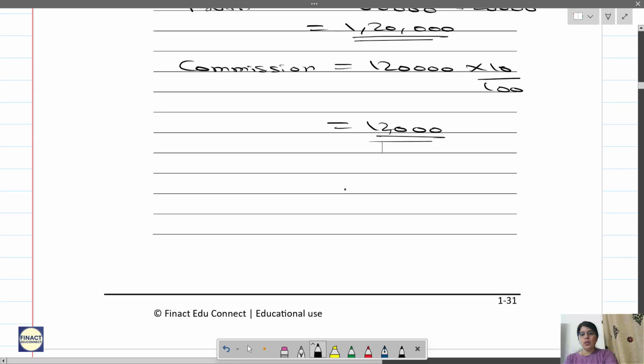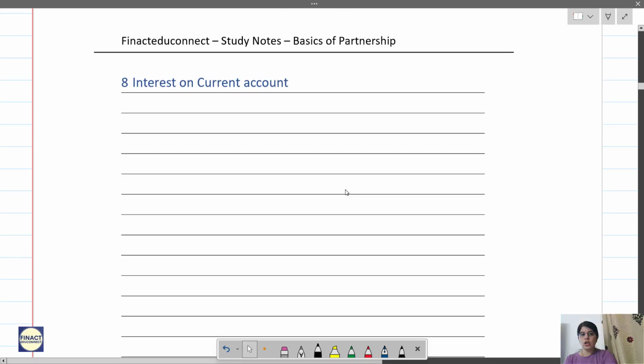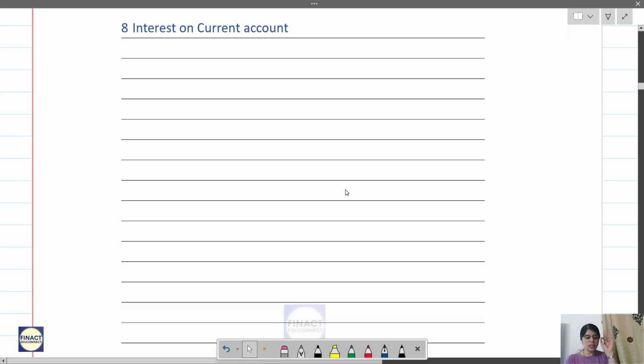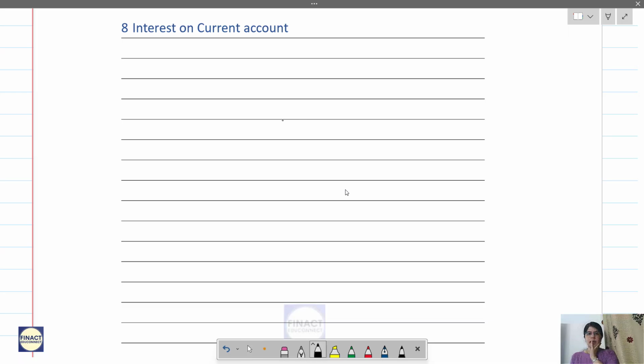Now let's move on to calculating interest on current account. As I told you, the current account is a separate account which is similar to your capital account. Whenever you are following the fixed capital method, all the entries related to partners commission, partners salary, interest on capital, interest on drawing will be posted in the current account.